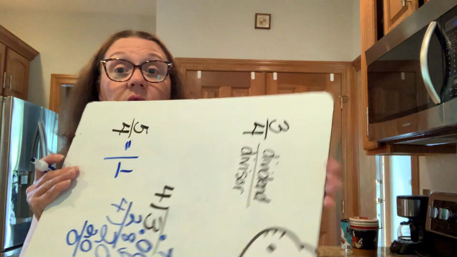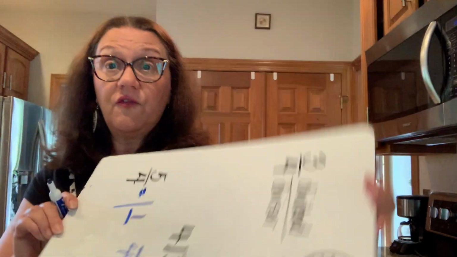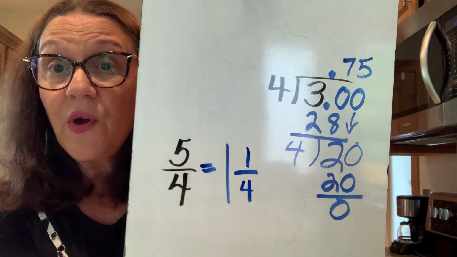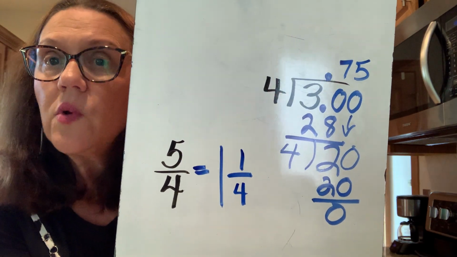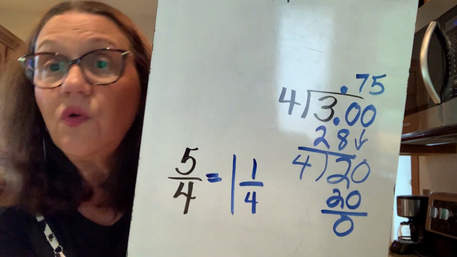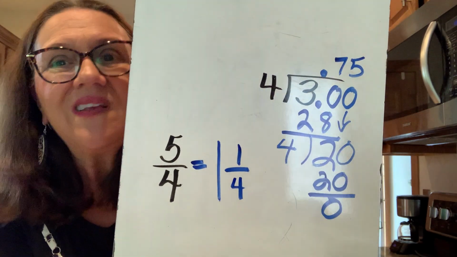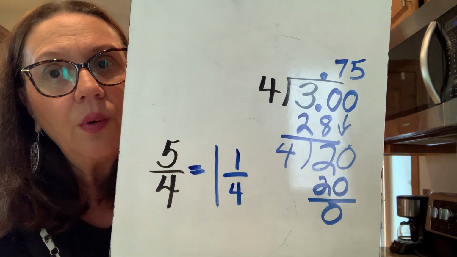And our denominator, of course, stays the same, 4. So 5/4 as a mixed number is 1 1/4. So you can do the whole division box, or you can think it through. And a lot of times it's easier to think it through.